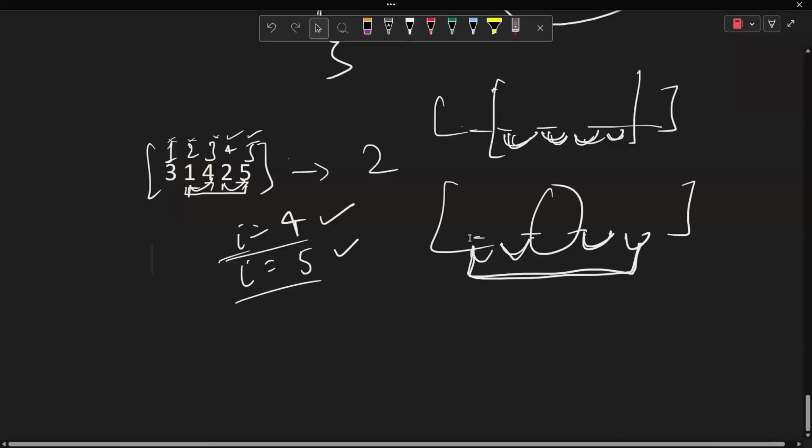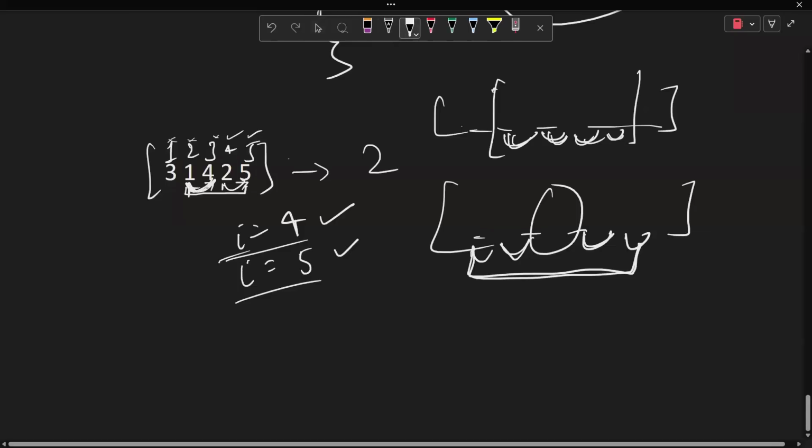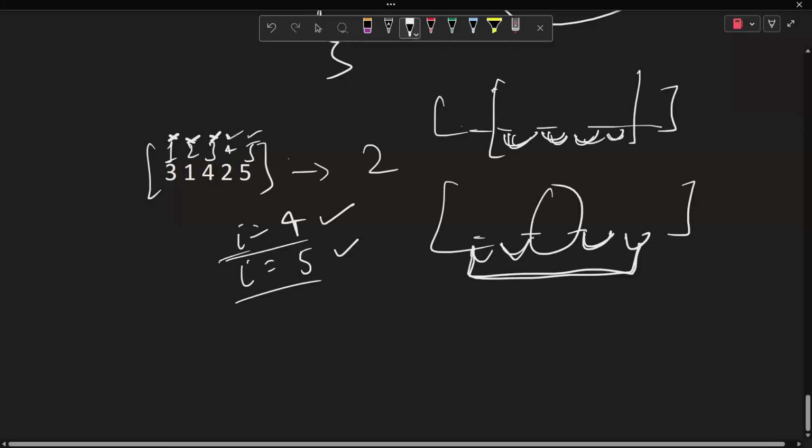Let's try to think what change we are making to the beauty of the array by swapping two numbers. So if we swap two numbers, let's say we swap these two numbers. Okay, let's clear it a little bit. Initially, these three indexes were not satisfying the condition for beauty, and these two indexes were satisfying the condition for beauty.